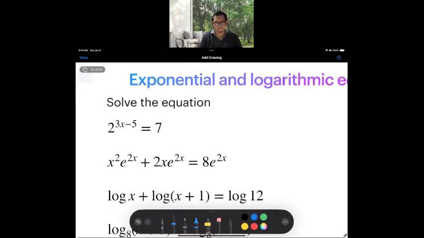How do we solve this? This will be very simple, actually. Anyone want to solve number two?